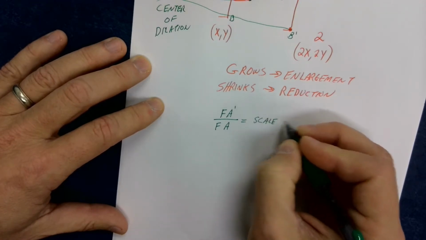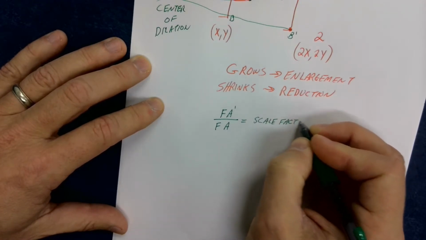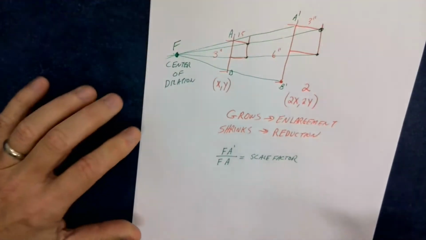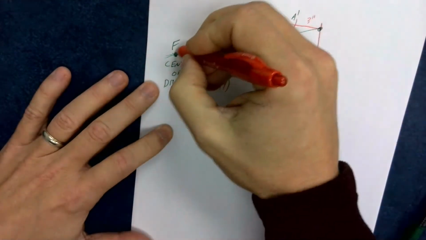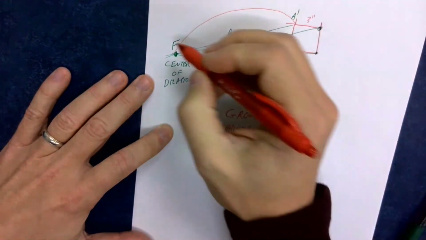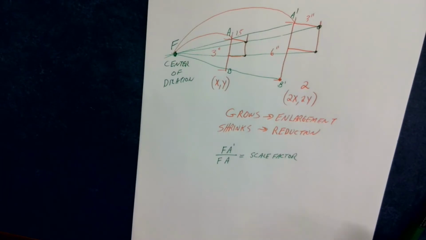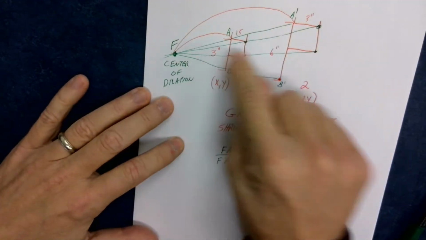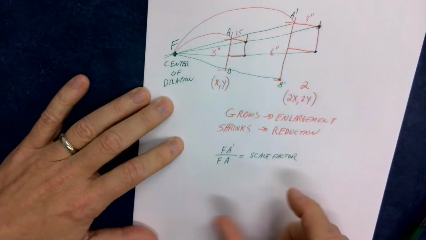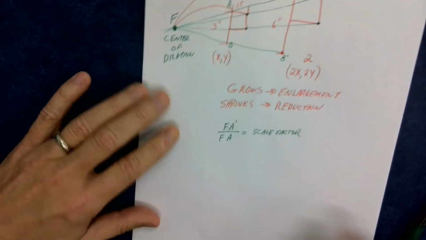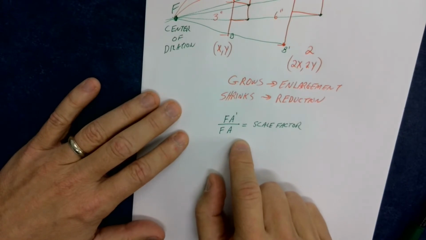Okay, so again, if you look at this big picture, F to A prime, that's the long distance, right? And F to A, that's the short distance. If these things were doubling, like I said, 3 to 6 and 1.5 to 3 inches, then this distance would be twice as much as this distance right here. Okay, scale factor.